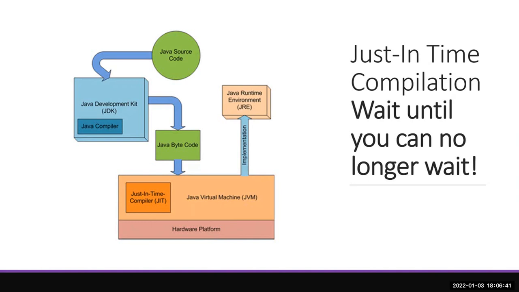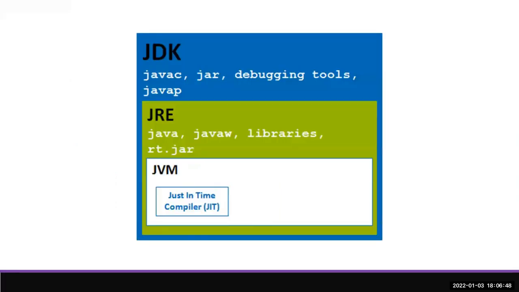Otherwise, just-in-time compilation is almost as good as machine code now. In the Java Development Kit, we have the Java jar debugging tool, the Java Runtime Environment, the Java library, and also the Java virtual machine, which is a just-in-time compiler. This is the environment for the Java language.